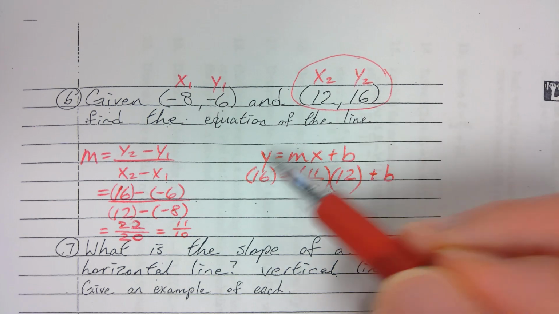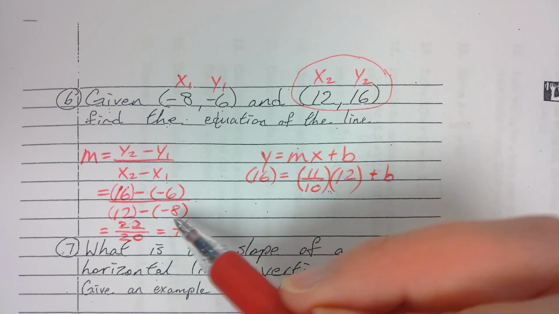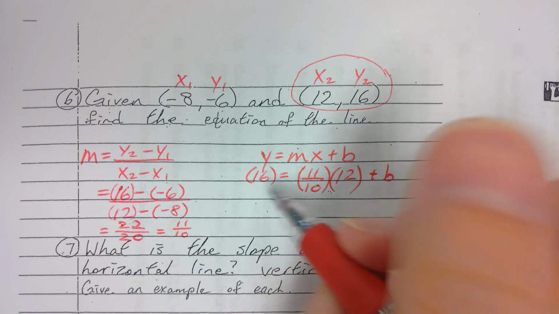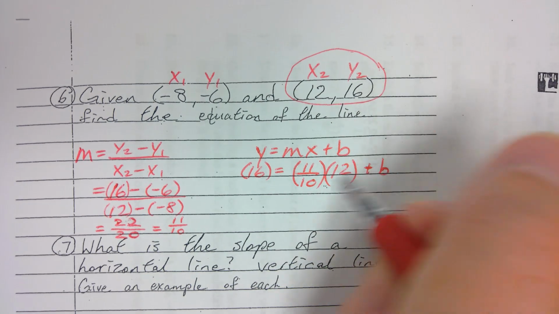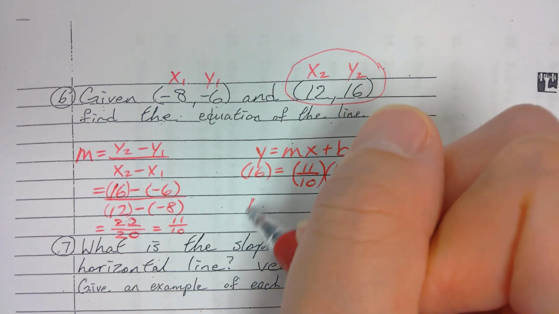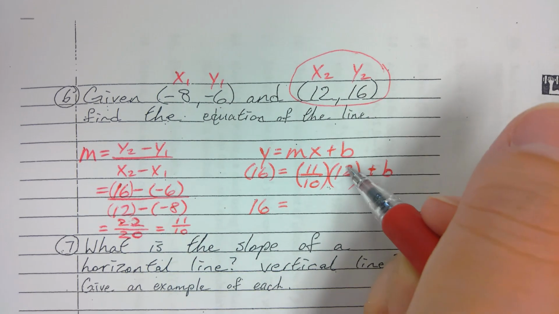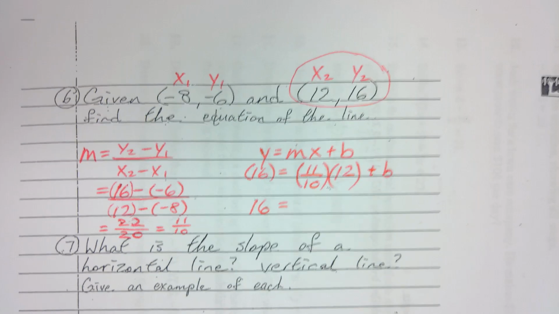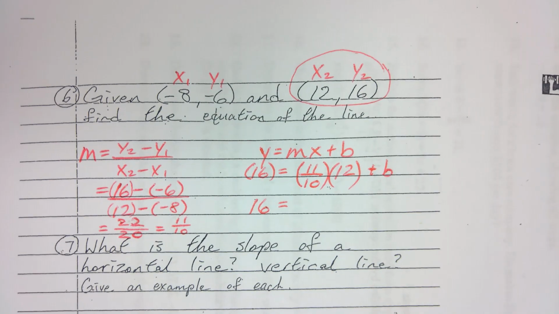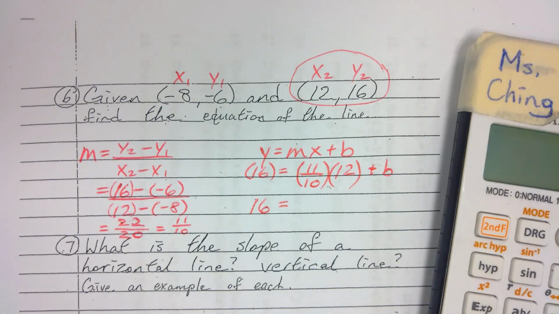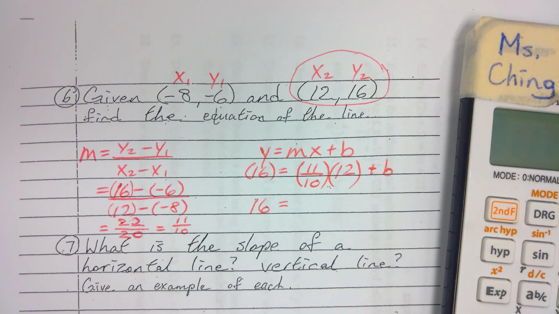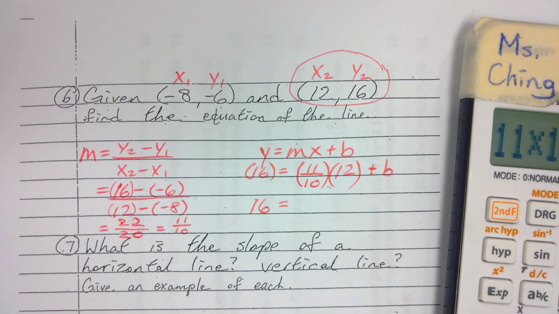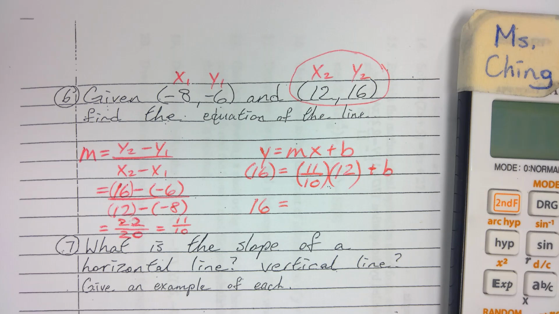After I put in the y, the x, and my m, I can solve for b now. Work out this part first. So I get 16 equals 120 over, no wait, 11 times 12, 132 over 10.